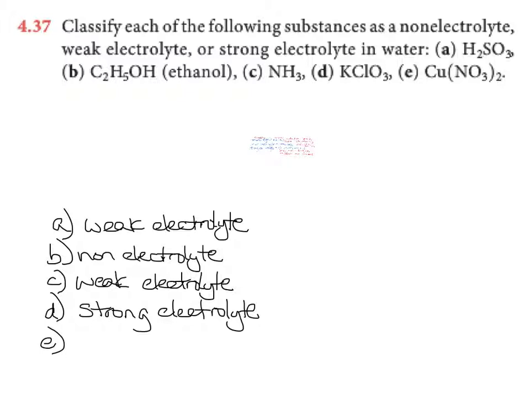Well, what's copper? It's a metal, so we know that it's likely going to be an ionic compound. If you think back to your solubility chart, nitrates are another one that pretty much 100% of the time nitrates are soluble. So again, I have a soluble ionic compound. Soluble ionic compound means what kind of electrolyte? Strong.